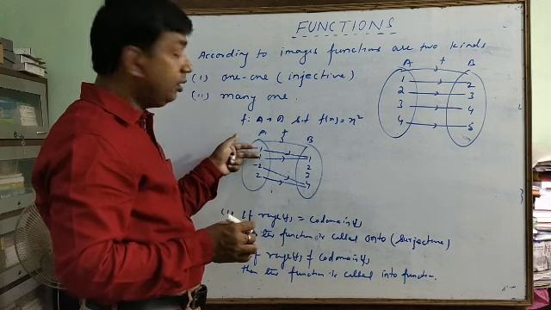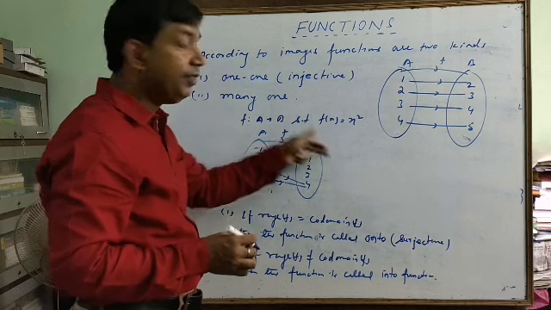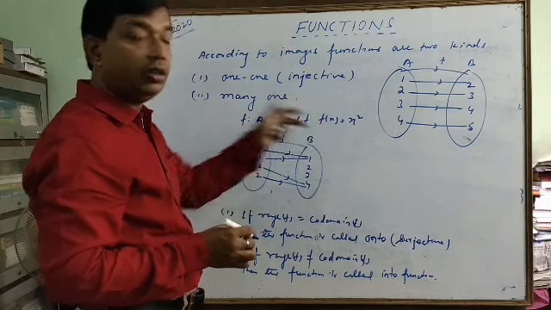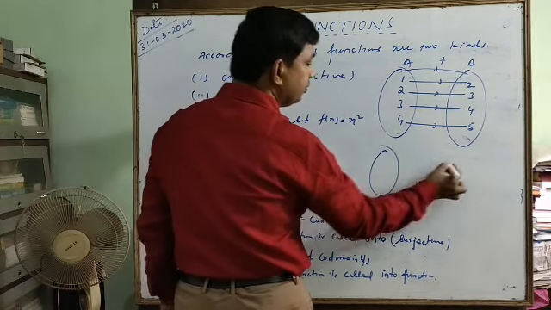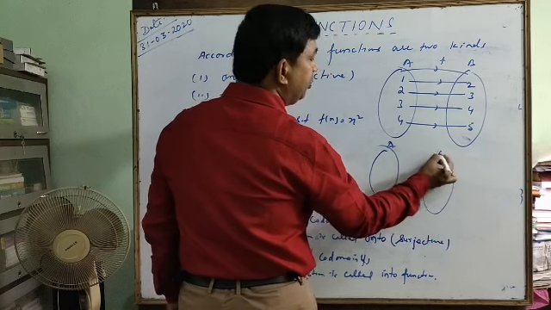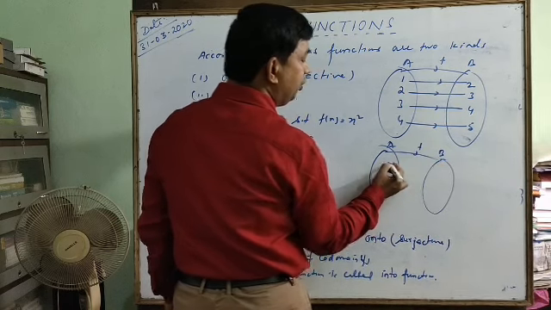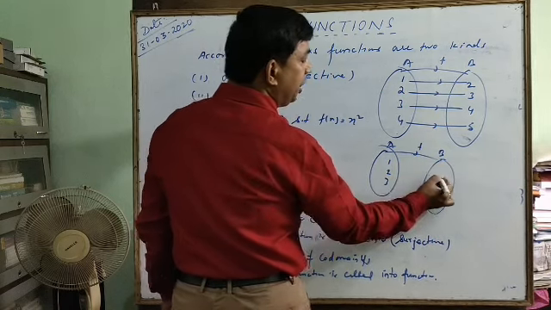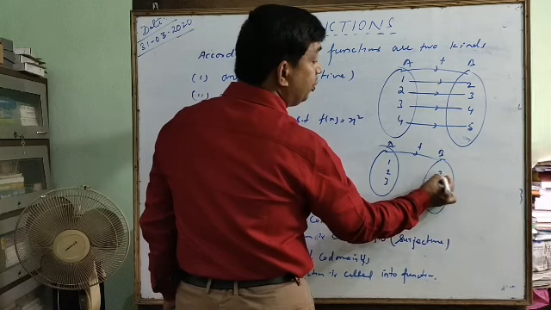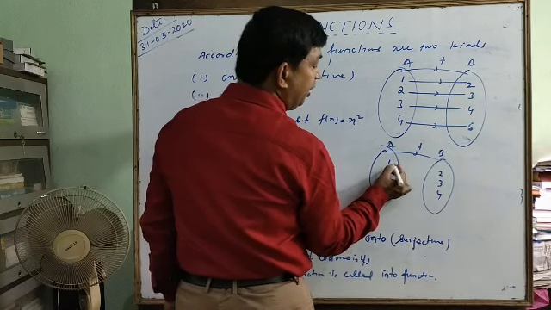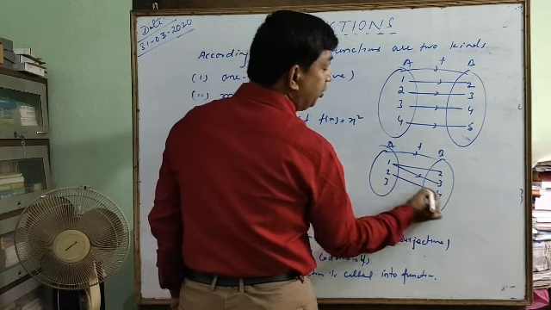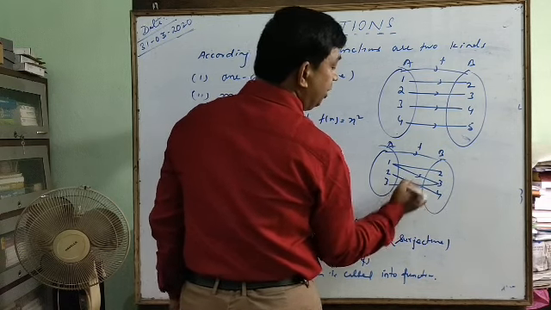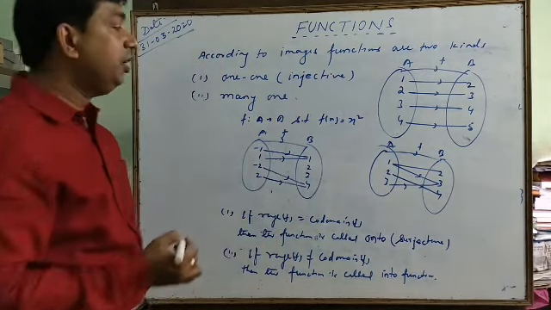Two boys having the same girlfriend, many-one, many-one. But if I write in this way, A and B, f is a rule, 1, 2, 3, and suppose this is 2, 3, 4. 1 is related to 2 and 1 is related to 3, 2 related to 4 and 3 related to 3. This is not a function. Why?